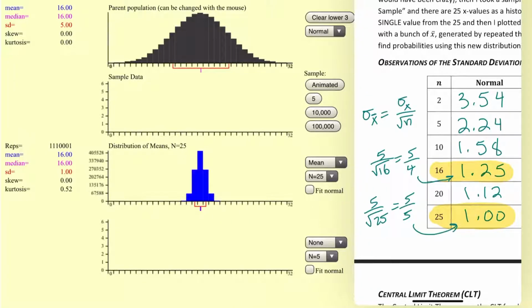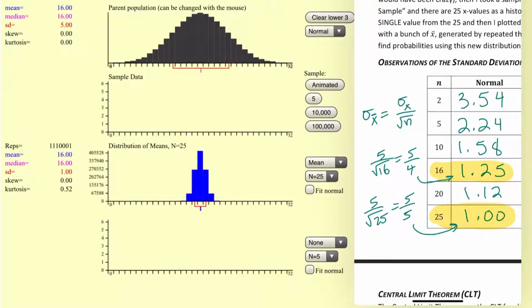And if I do that for all 6 of these, from 2 up to 25, you'll see that our decimal approximation is either right on the money or pretty close to what we had. It might be a little bit off because, like I said, this is a simulated sampling distribution value.